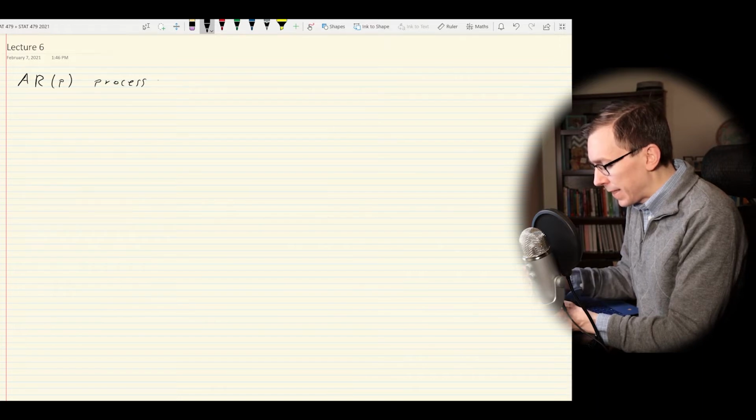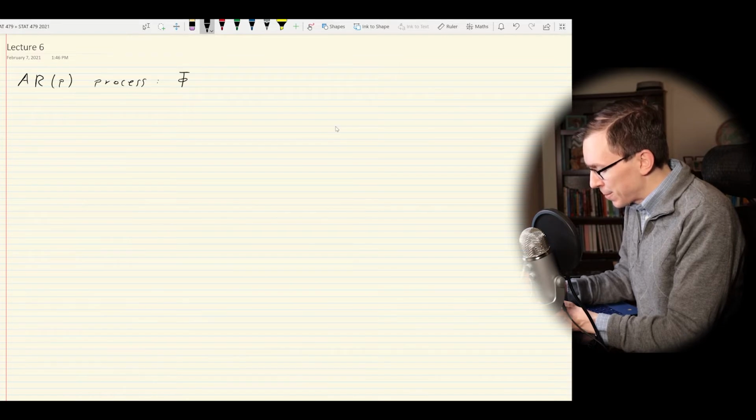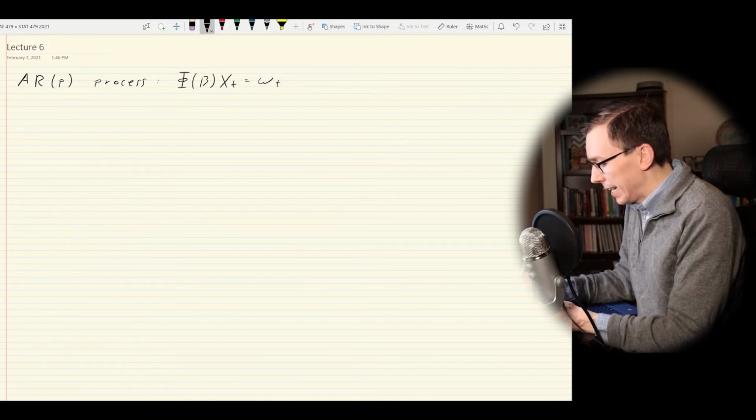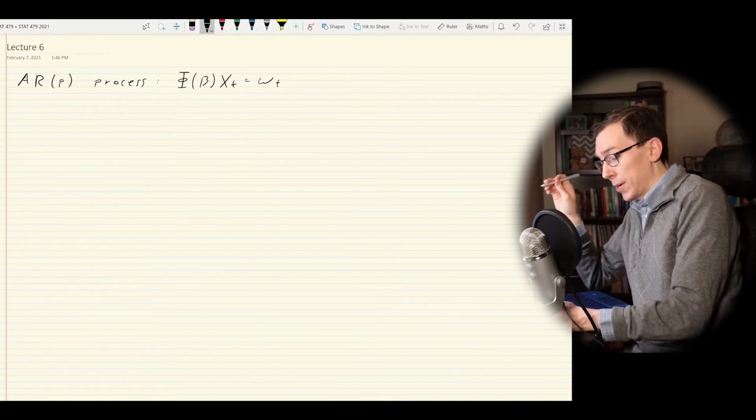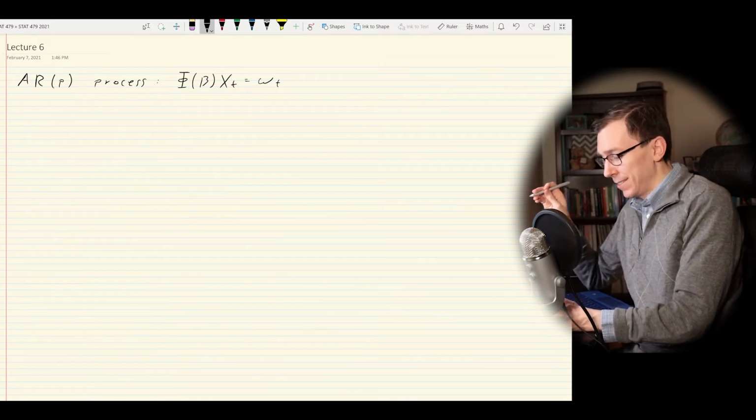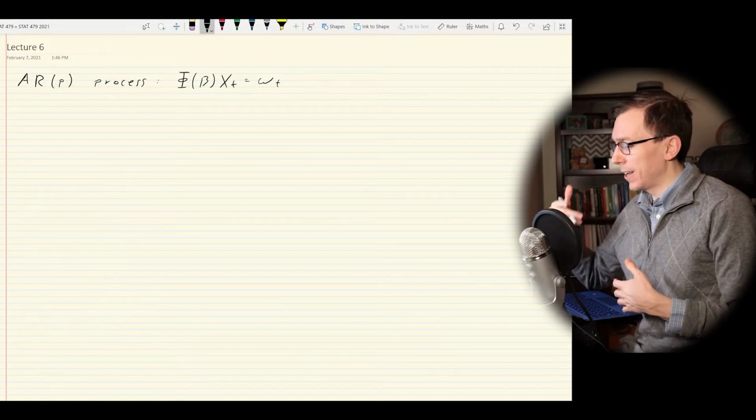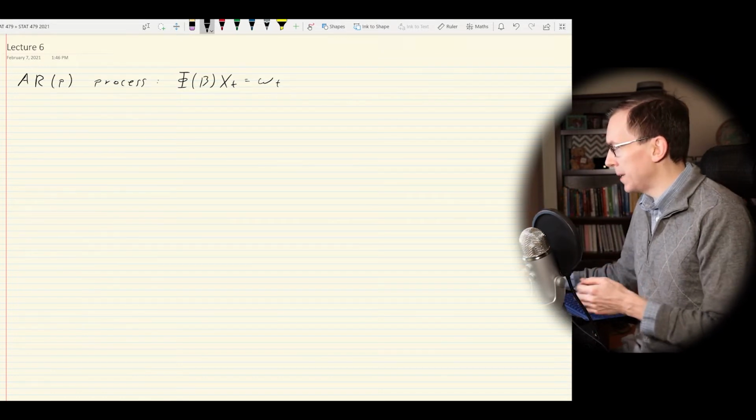And what we learned about that is, first of all, how to define it. We defined it in terms of the autoregressive operator, which is capital Phi of B applied to X_t, and that's going to equal W_t, white noise. So this is the general form for our autoregressive process of order p.